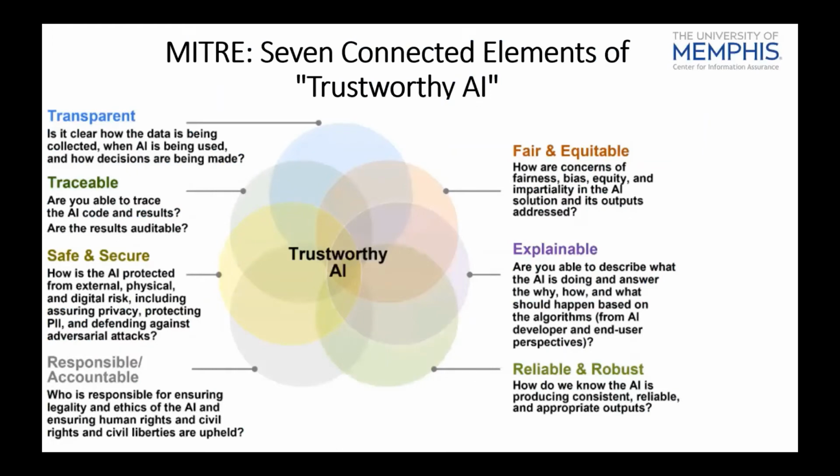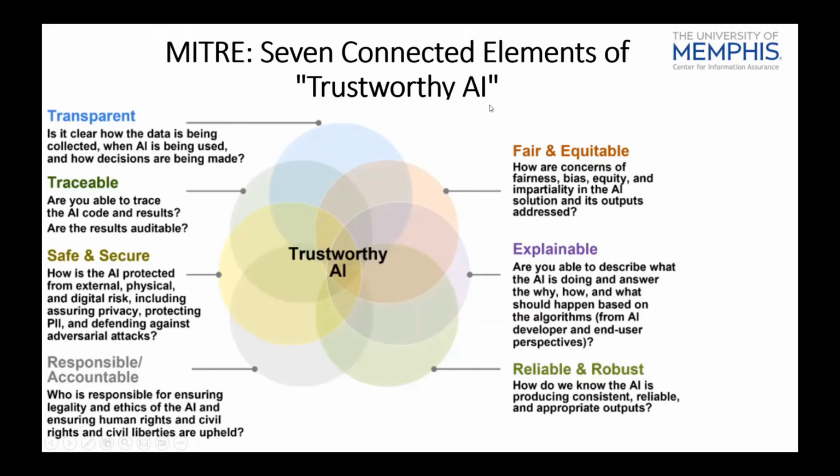Now, putting things together, MITRE proposed 7 connected elements for trustworthy AI. So to build all this, explainability, removing bias, providing interoperability, you need to reach a system or product which is trustworthy.